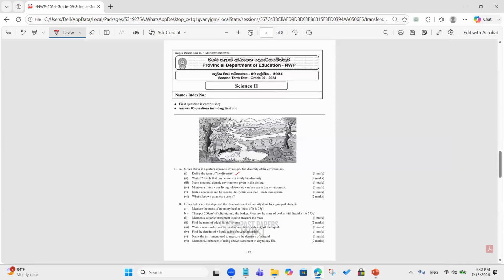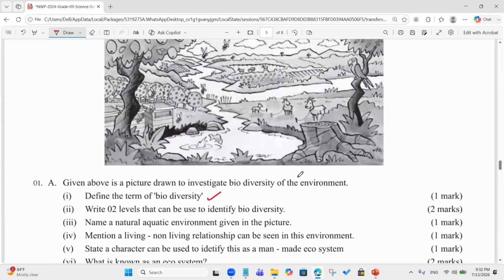Yes, it's very easy. Here you can see there's a river. Rivers, correct. And you can see there's a pond-like environment. So you can take 1 mark.